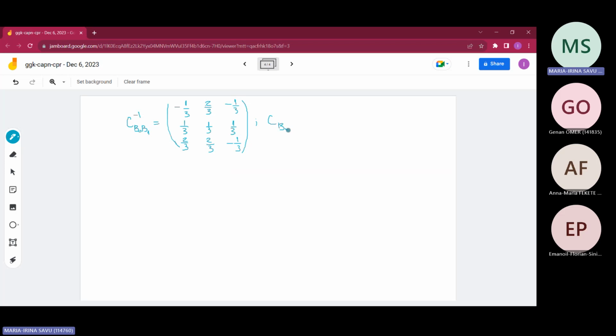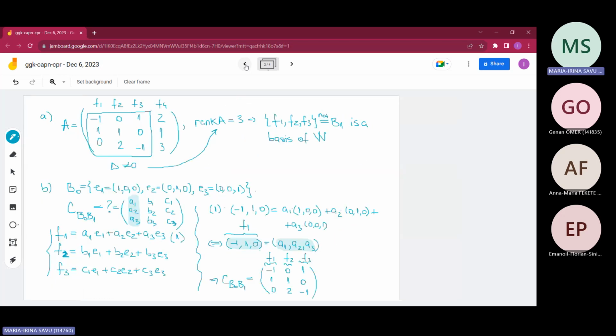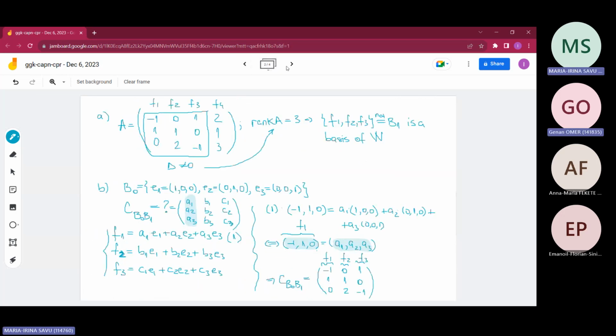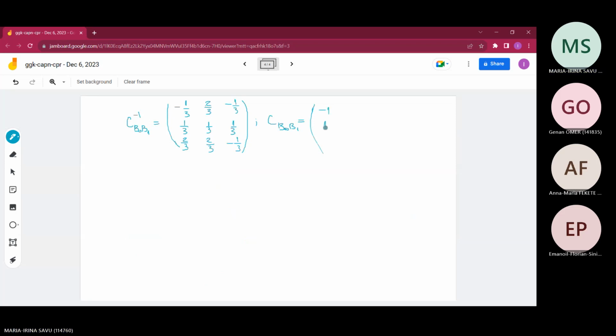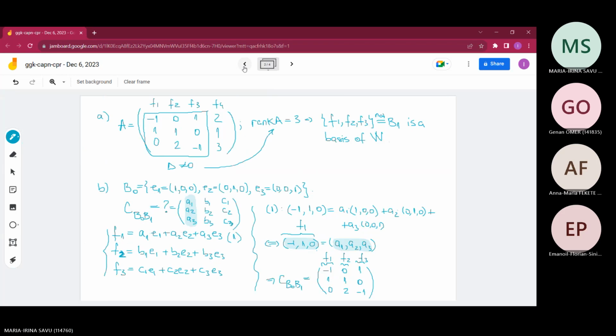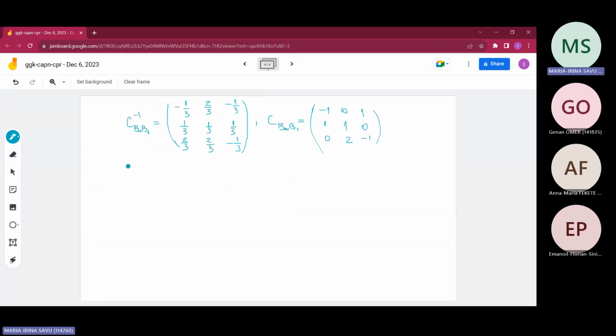You have that C, B0, B1 is: 1, 0, minus 1; 0, 1, 2; 1, 0, minus 1; 0, minus 1. And if you multiply them, do you get the matrix with 1 on the main diagonal and 0 elsewhere?